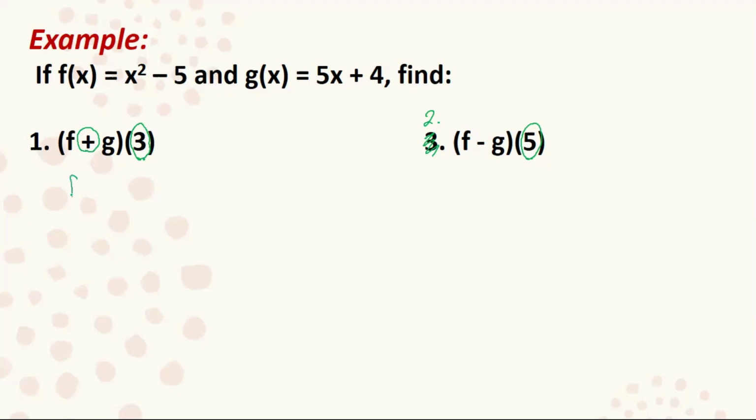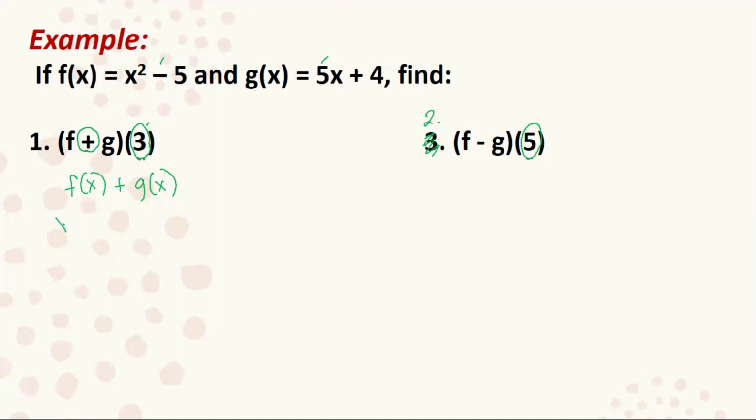So let's try to perform addition first. It means that you have to get the sum of the two given expressions, f of x and g of x. Then after that, when you get the resulting expression, you have to evaluate that at 3. Okay? So let's find first the sum of these two expressions.